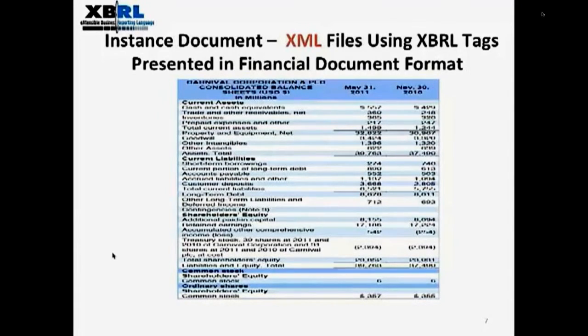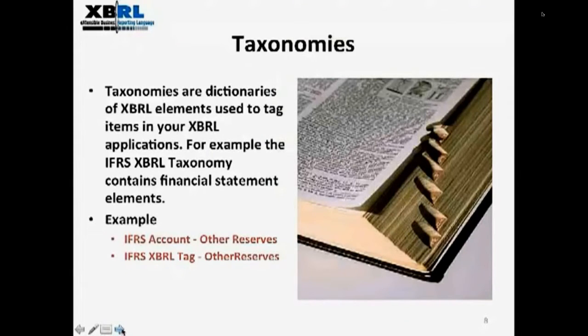So each one of those balance sheet accounts and the amount has a corresponding XBRL tag, which is represented in that XML file. And the XML file then can be used to render this balance sheet in this form.